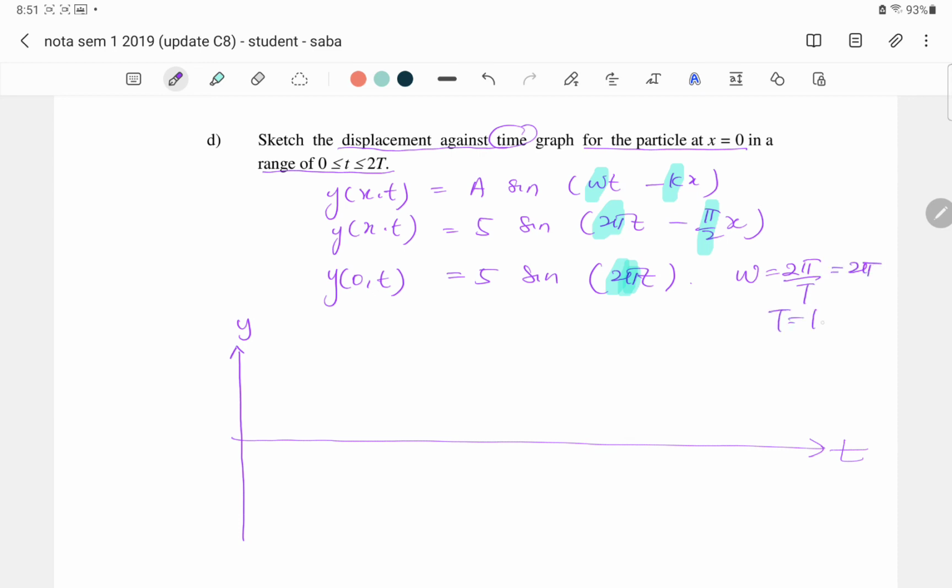So your period equal to 1 second. So here is 1 second, here is 2 second. Separuh daripada 1 is 0.5. So this one you have 0.25 and 0.75. One you have 1.25. We have 1.5 and 1.75.